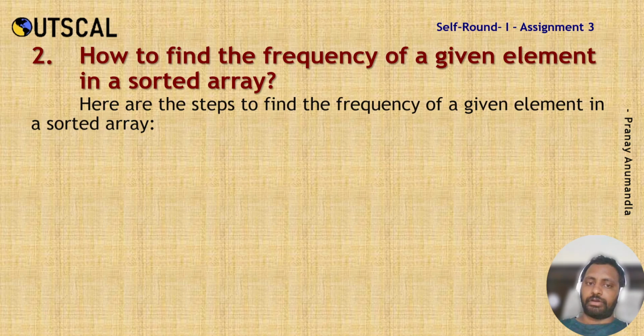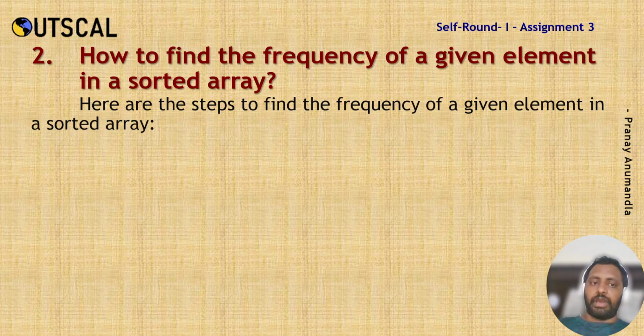And as it is a sorted array, we do not need to search the entire array. If the next element is greater than the target element, there is no possibility of having the target element beyond that index.